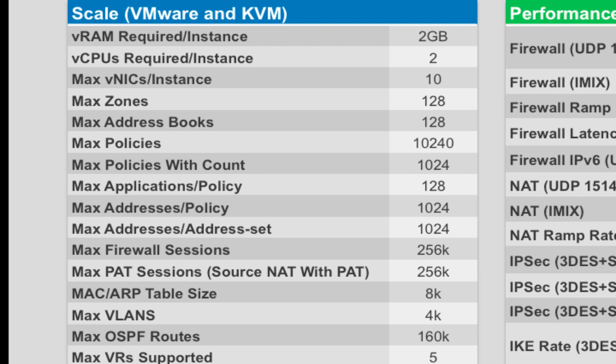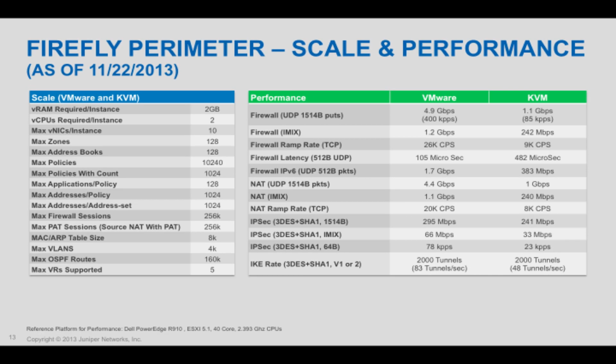The Firefly Perimeter is more like a 550 or a 240 in that range of the SRX series, but it comes with all the flexibility of being able to instantiate this in a matter of moments with software and tie this into an SDN network. And so for those types of use cases where you're onboarding thousands of customers and you need a dedicated firewall appliance for each of them, that's a beautiful use case for the product.